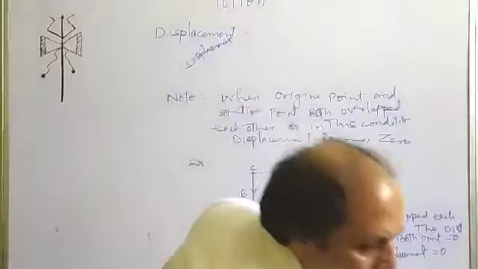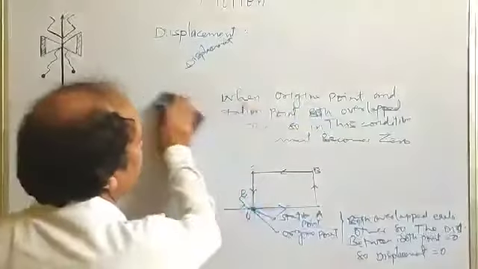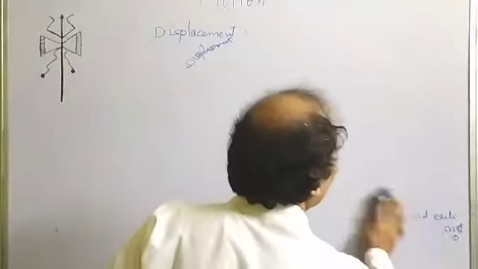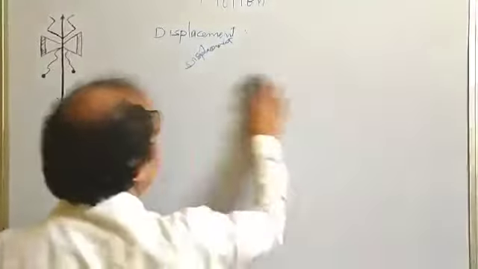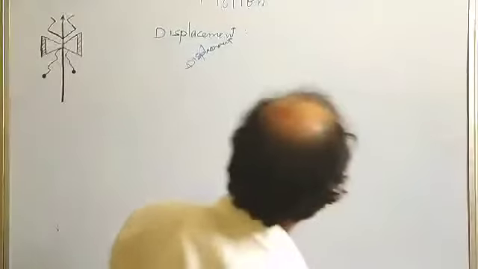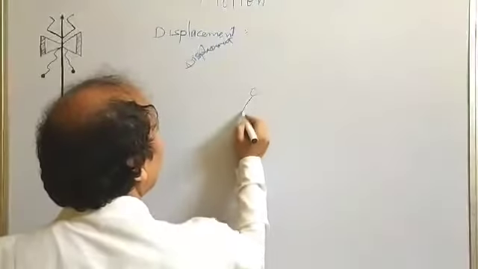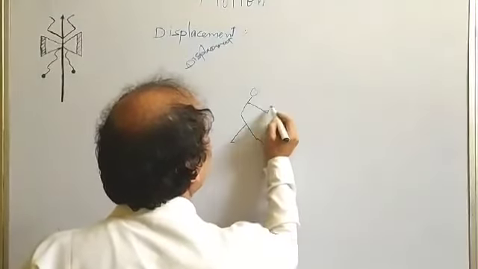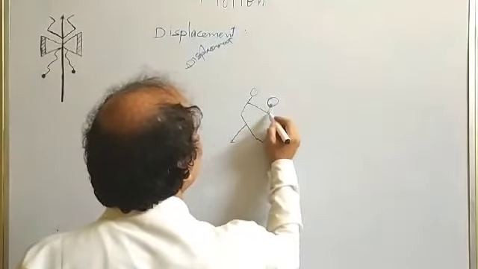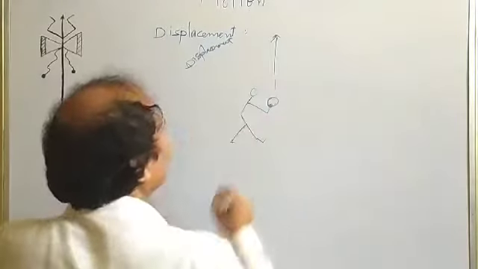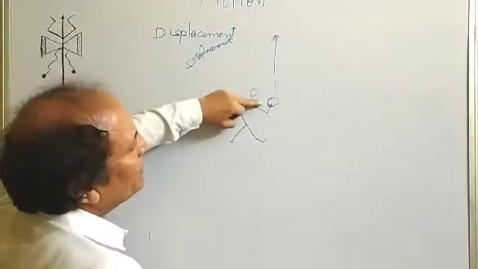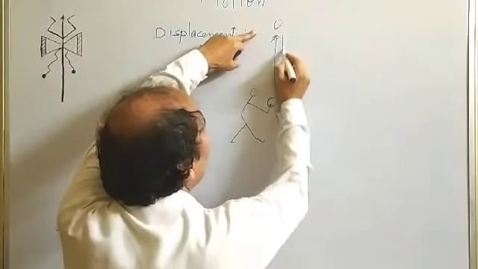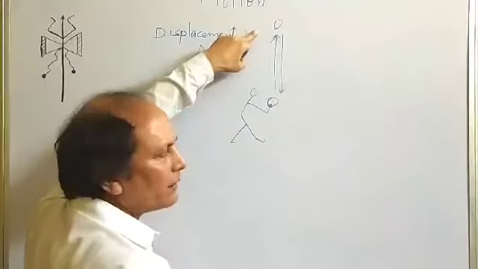One more example. Suppose a player takes a ball and throws it up. The ball goes up and comes back again into his hand.